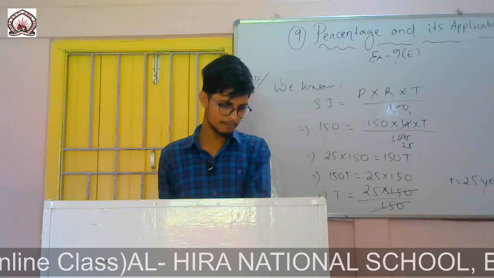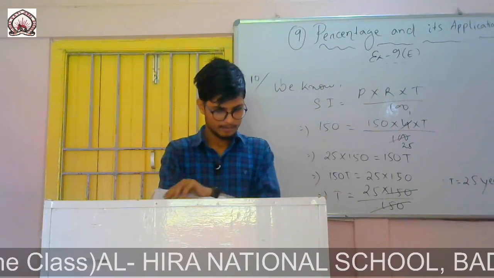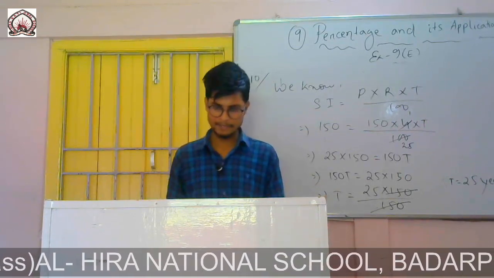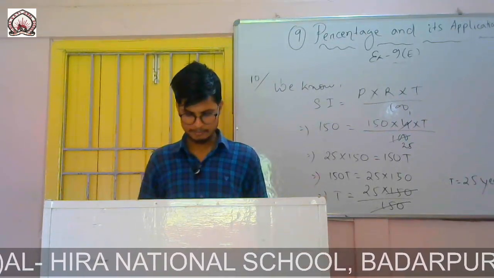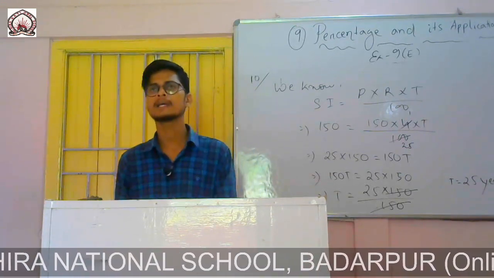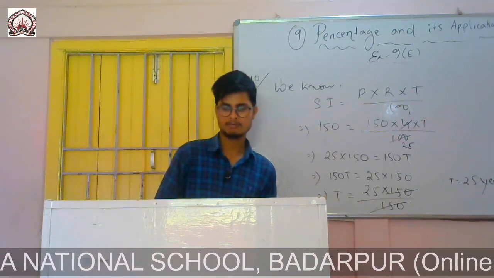So now question number 11. It is given that at what rate of simple interest will a sum of money double itself in 20 years? So here nothing is given, only time is given, which is equal to 20 years.